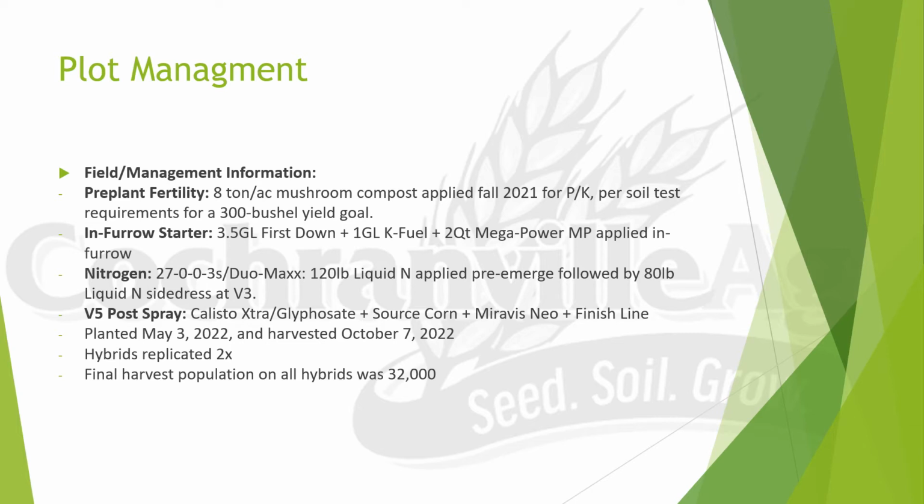So we're getting awful close to that. Obviously that brings up the whole conversation of planting populations, row spacings, all that type of thing. We're on 30-inch rows. But as we move our yield goals higher, at some point we're going to have to consider narrow row corn.